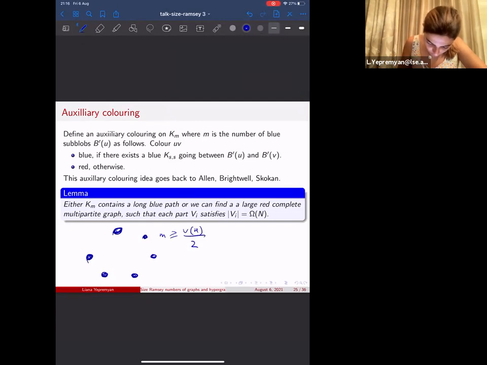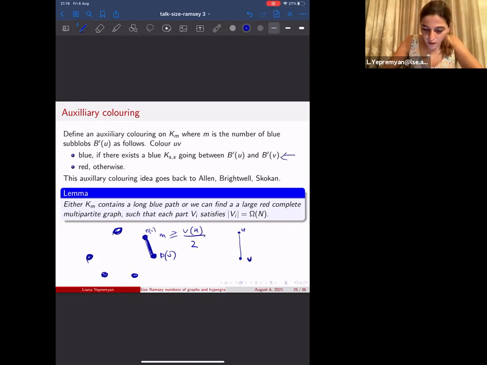For each of these blobs, so this is some blob P_U, P_V, this vertex U and V come from H. And I say, okay, if there exists a large blue complete bipartite graph here that goes between the blobs, then I color this edge to be blue. Okay, this is this case.